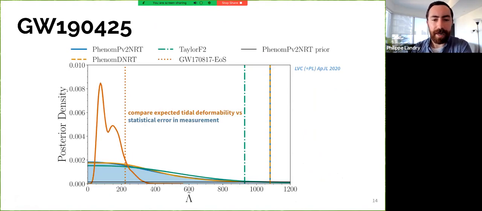That's borne out in this plot here, which is comparing the actual measurement of tides for this second binary neutron star event in blue to where we expect the tidal deformability to be in orange. And what you can see is that the measurement uncertainty is much larger than where we expect the tidal deformability to be. So this event is not very informative when it comes to dense matter.